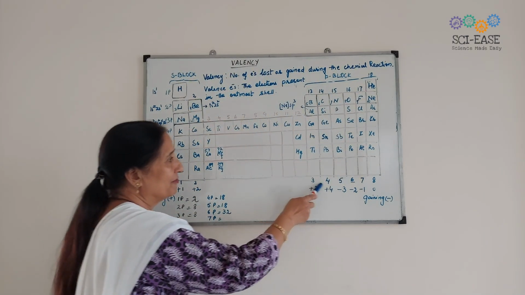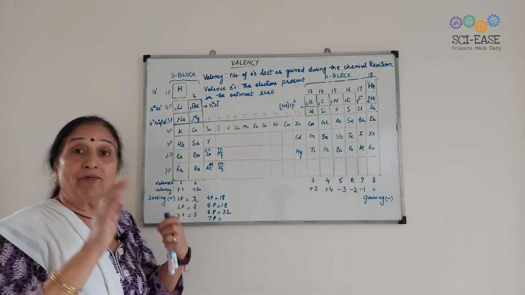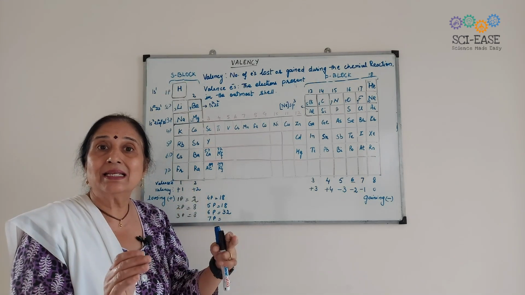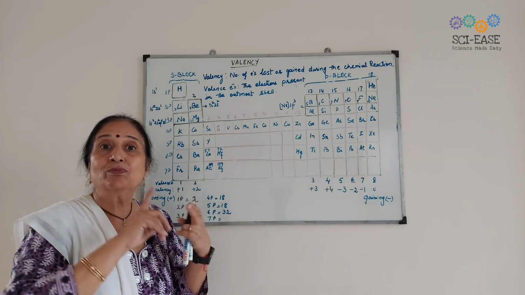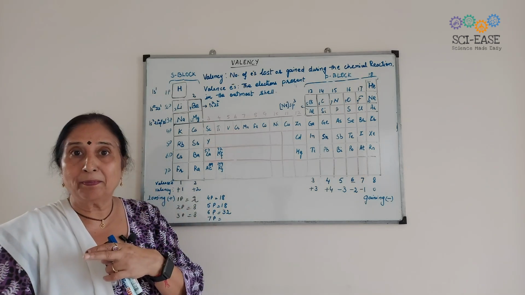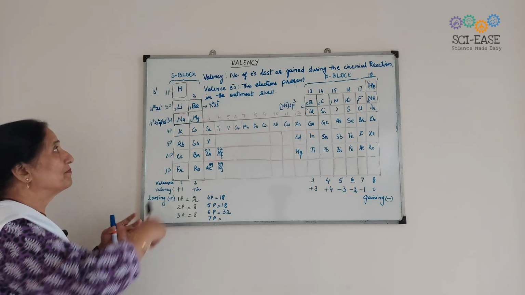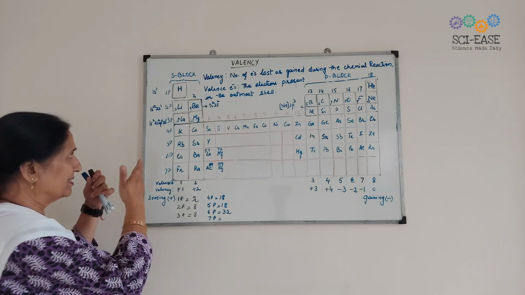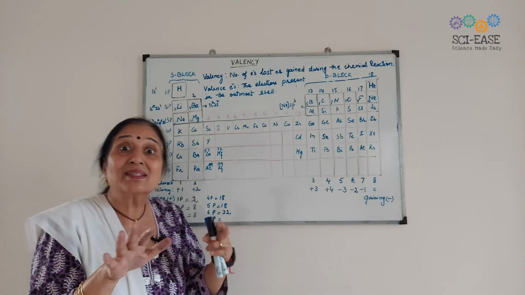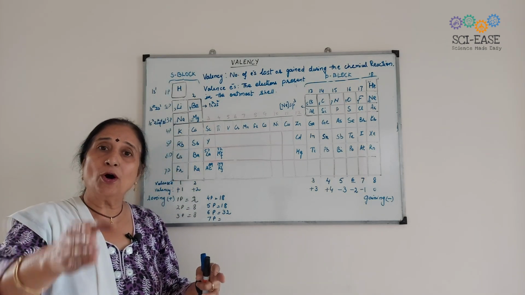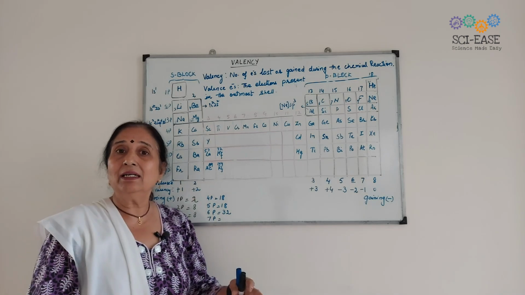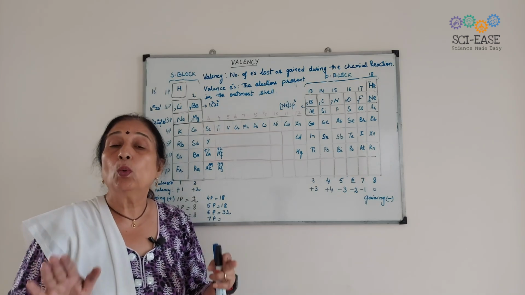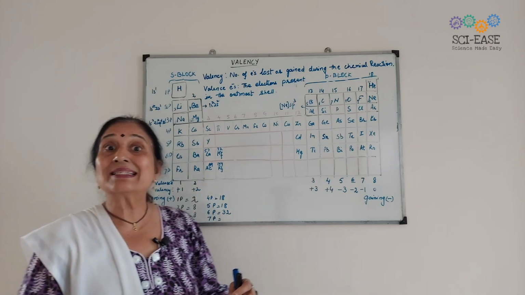So, the valence electrons increase as we move from left to right in a period. Now, come to the group. What is the number of the valence electrons? Is it increasing or decreasing? No, it is same. As we move from top to bottom in a group, there is no change in the number of the valence electrons.